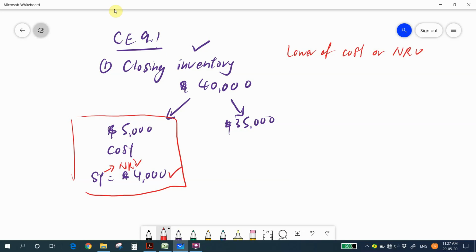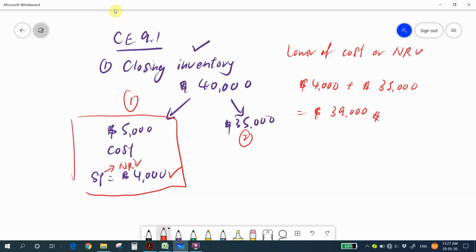So what is my total closing inventory? My total closing inventory will become 4,000 for the first batch of the product, and for the remaining 35,000. So total 39,000.